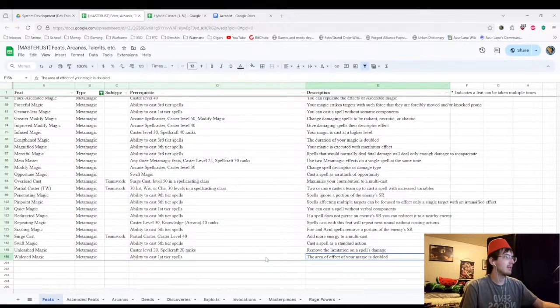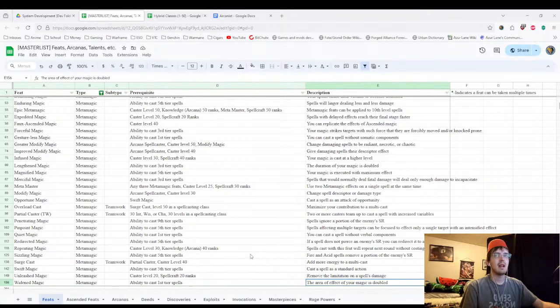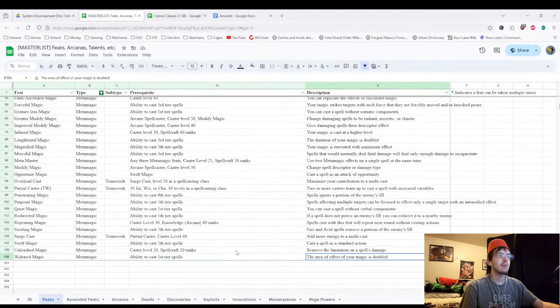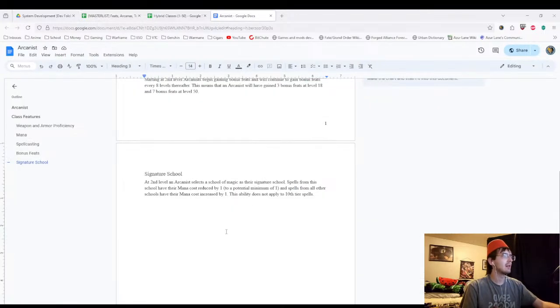Hey, there we go. We could do bigger magic, or we can do magic without gestures. Let's do bigger magic first. So meta mana widen is just bigger magic.